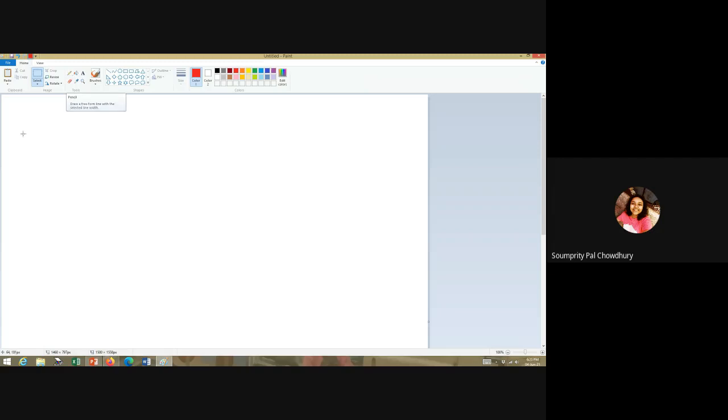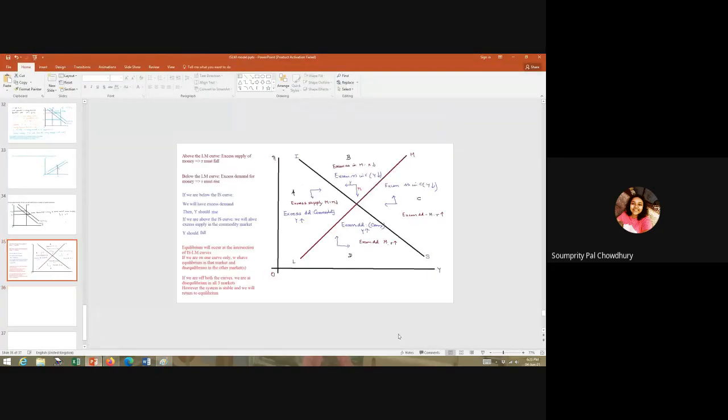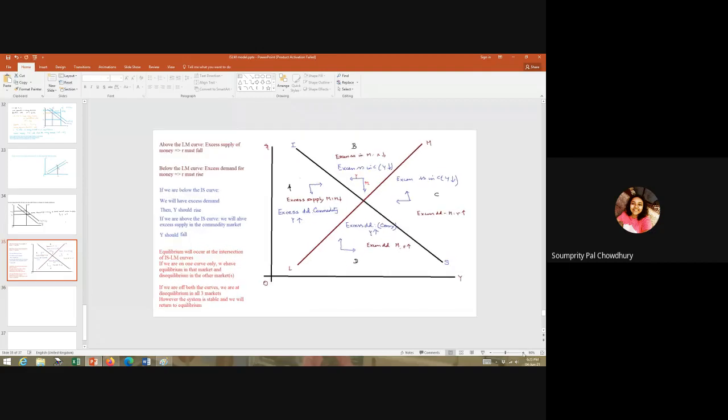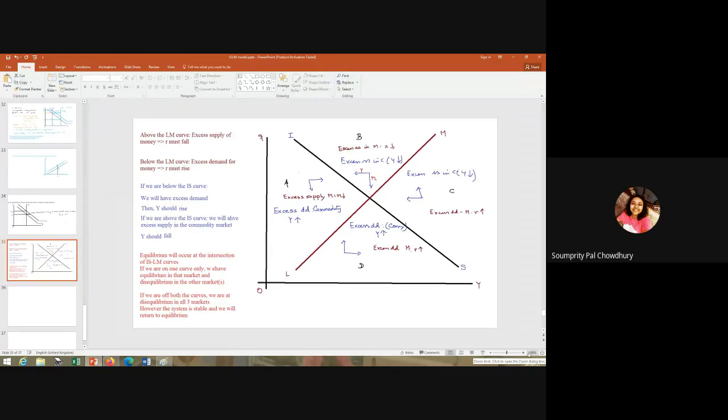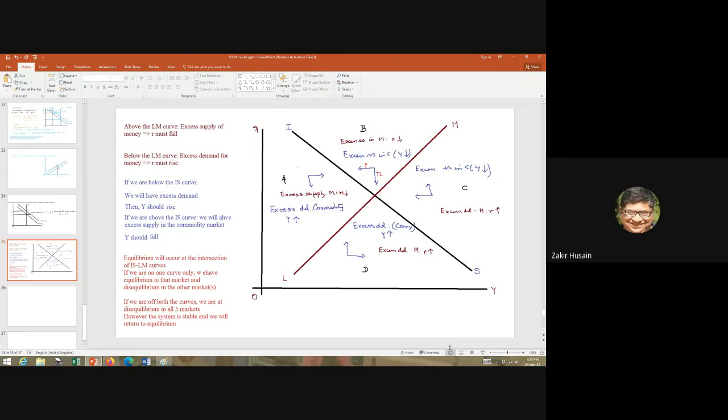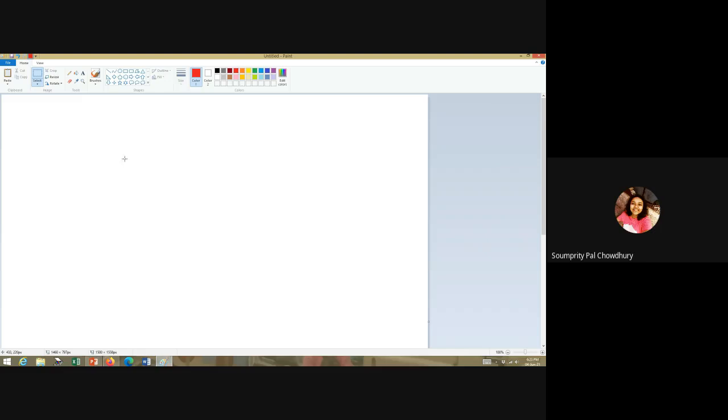Now, let us try to introduce different types of policies and see how the IS-LM curve will change.